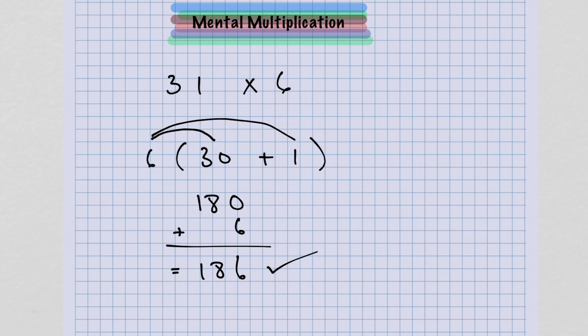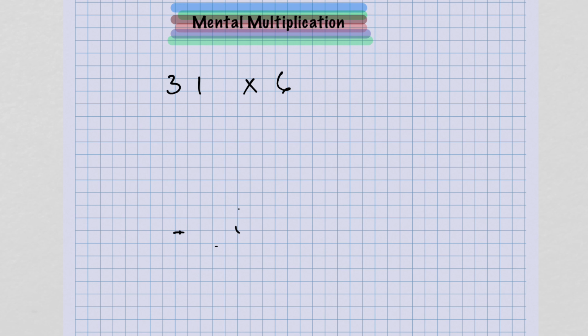Now let me show you the way I usually do mental arithmetic. I kind of just wanted to show you this distribution method. When I usually do the mental arithmetic inside my head, this is what I'm doing. Okay, I look at it like this, 31 times 6. Instead of doing 6 times 1, I always do this way first: 6 times 30 essentially.